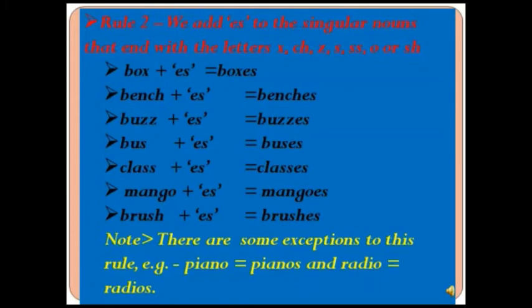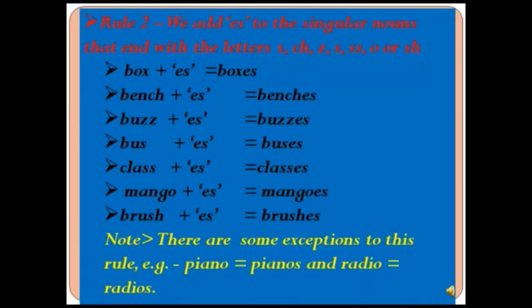Try saying them. X, ch, z, s, ss, o, or sh. For all these letter endings, we add es.